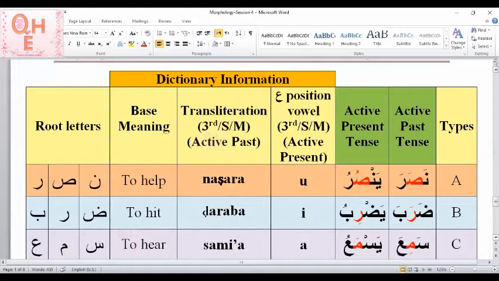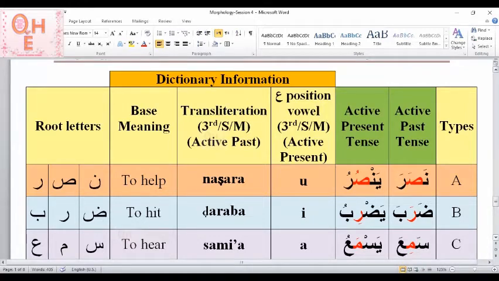Now let's go over the present tense. For the present tense, the ain position vowel is showing u. That means dhamma. So in this case, if I have noon, sod, ra, what is the second root letter, the ain position root letter? It's sod. So the dictionary is telling me that sod needs to have a dhamma. And what is the general pattern of active present tense?